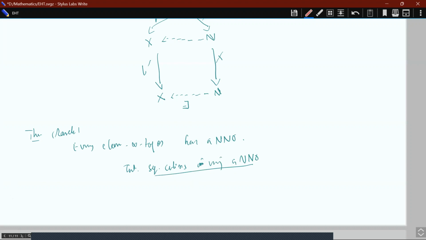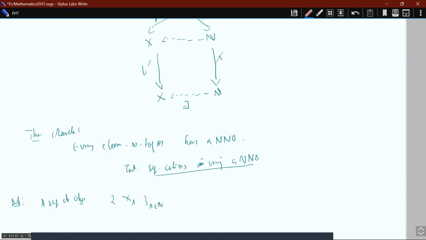A bit of machinery, some definitions that I need to define. A sequence of objects: what is a sequence of objects? It is like a map.